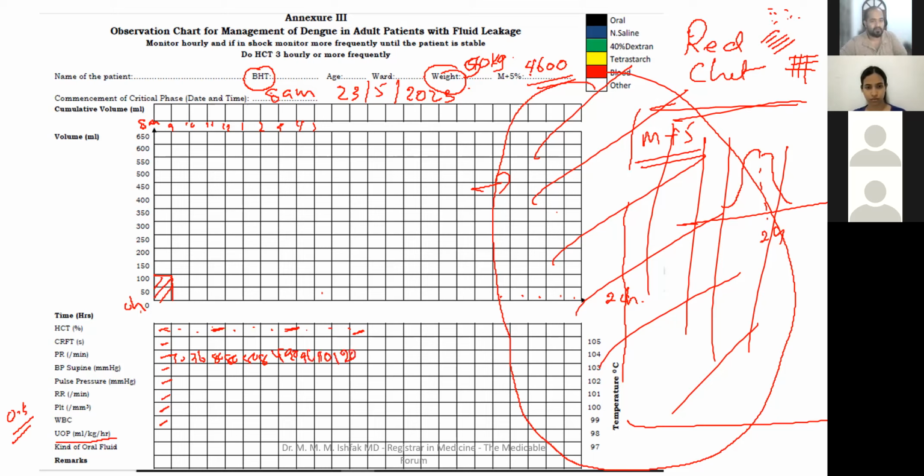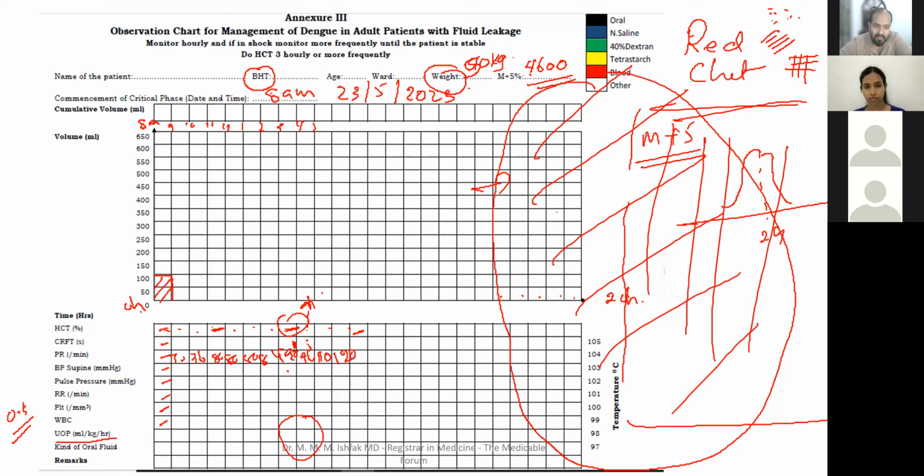Now when you're looking at the chart, you know that something is wrong somewhere here. Until 90 it's considered okay, but when going to 100, there's something wrong. So what has happened to the hematocrit? What has happened to the blood pressure? What has happened to the urine output? Everything you can see from this chart. So you know what went wrong, where the gauge has gone wrong, right?